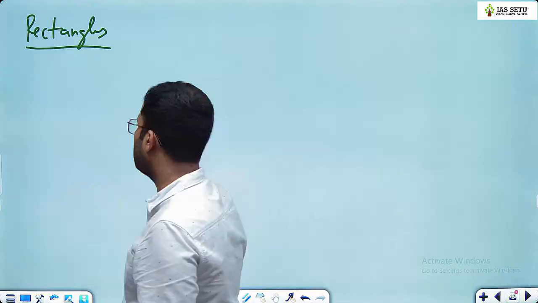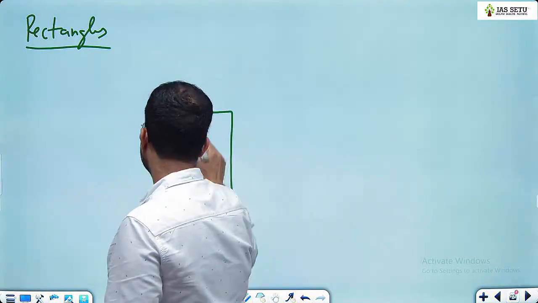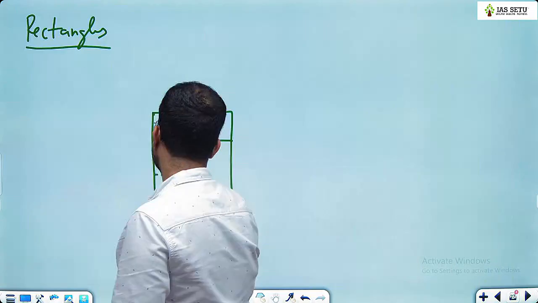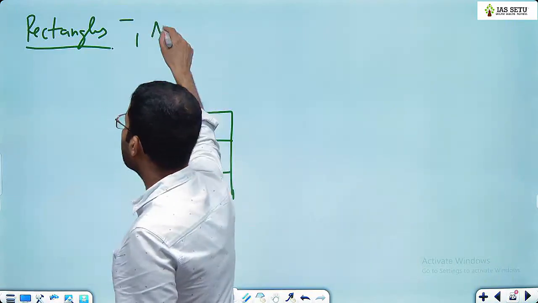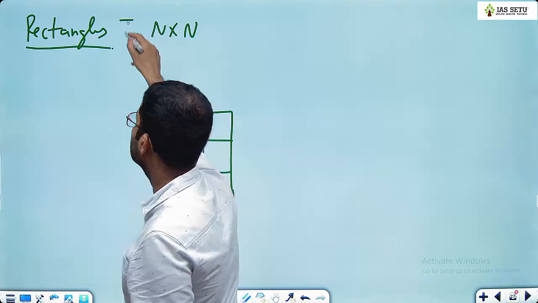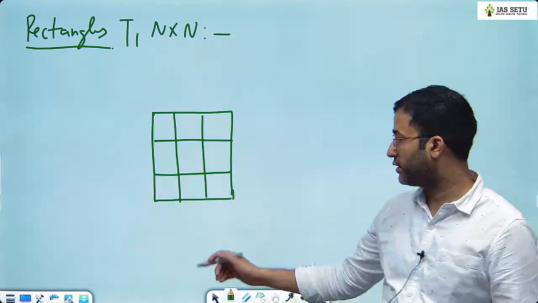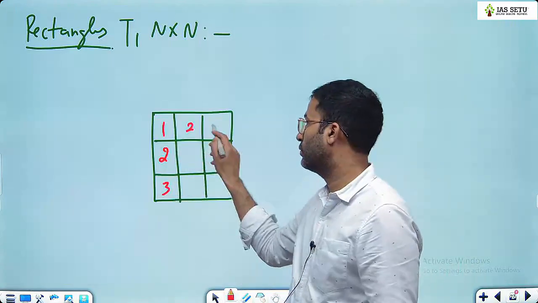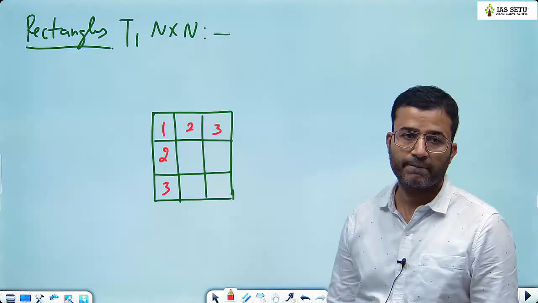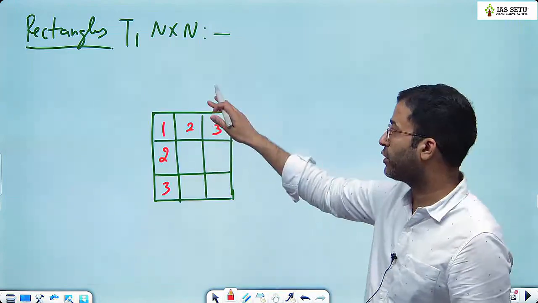In rectangles, same thing: a 3 by 3 figure, 4 by 4 figure, 2 by 2 figure, 5 by 5 figure. So type 1, I take an n by n figure, like here, 3 by 3. What is the shortcut we have for rectangles?